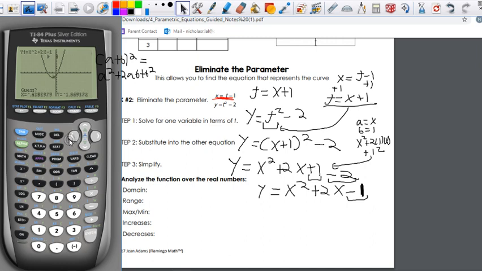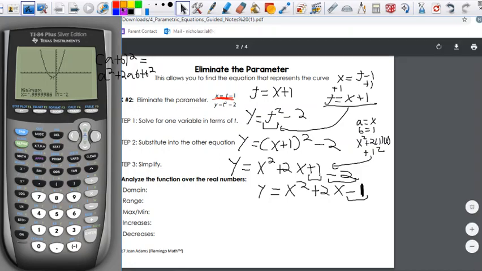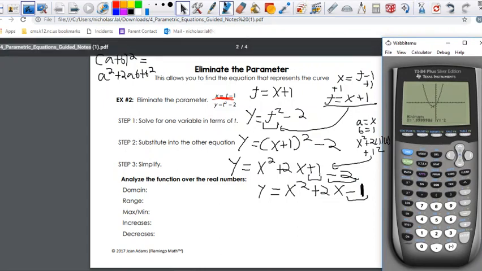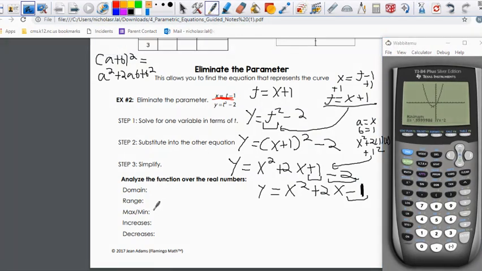When we do our best guess, we find we have a minimum at negative 1, negative 2. Our x value is negative 1, our y value is negative 2.